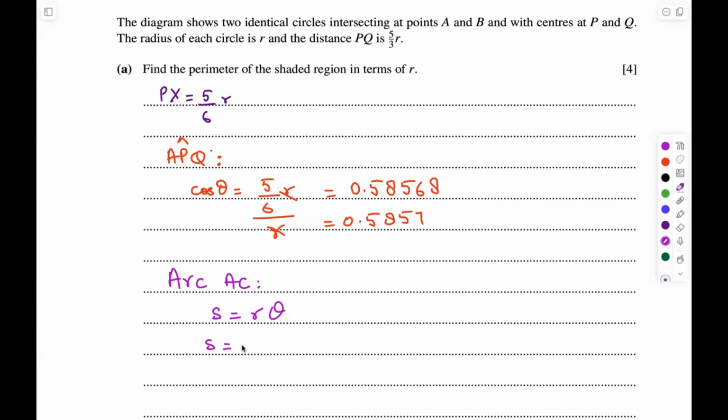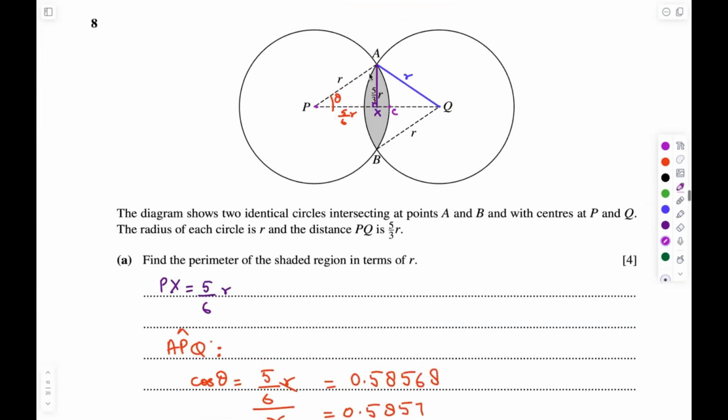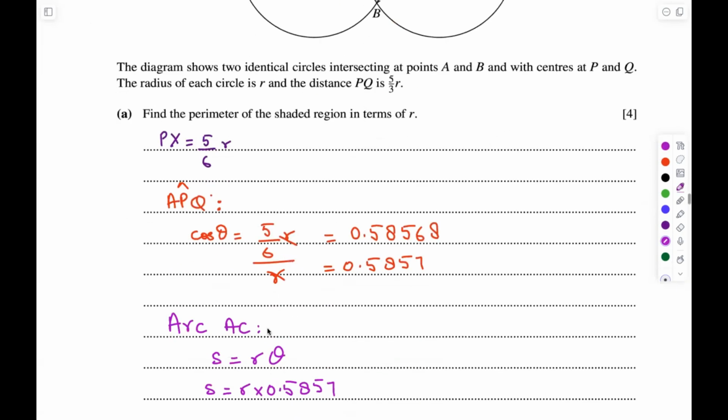Now the radius is R and theta will be 0.5857. Once we have the arc length AC, as all of these arcs will be of equal length, we can multiply it by 4 to get the total perimeter of the shaded region.